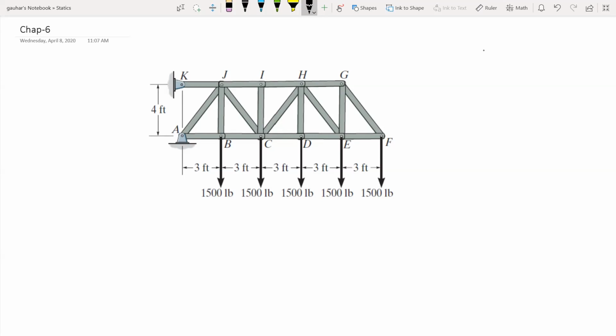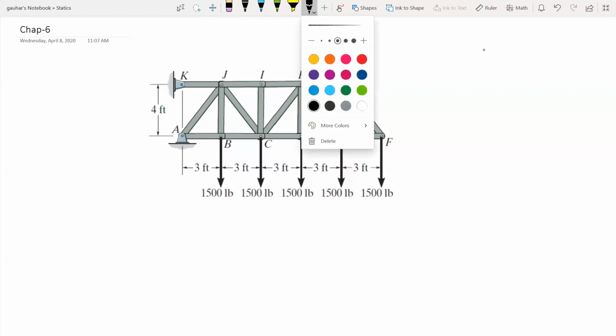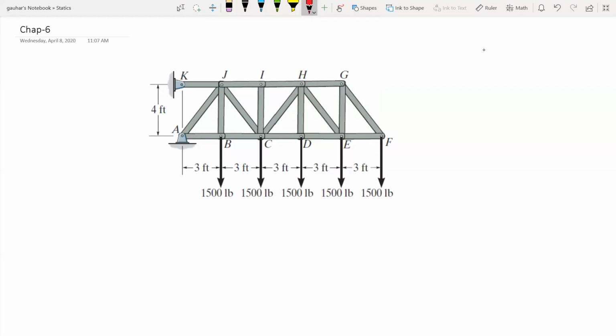Find the force in these members of the truss and state if the members are in tension or compression. So we need to find the forces in CD, HI, and CH.